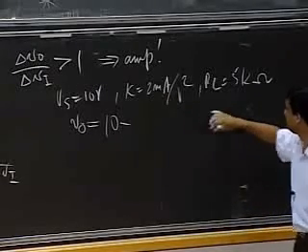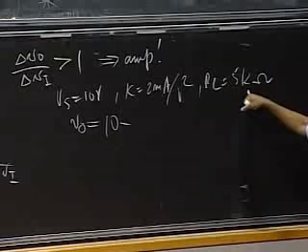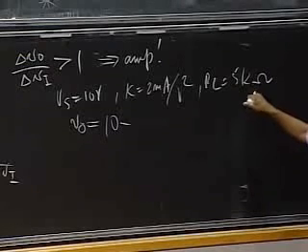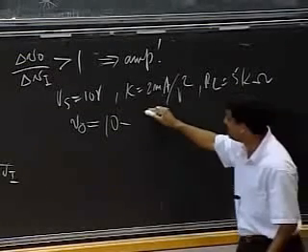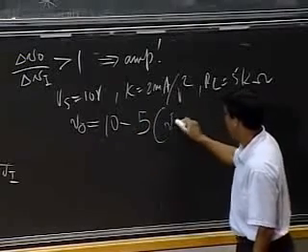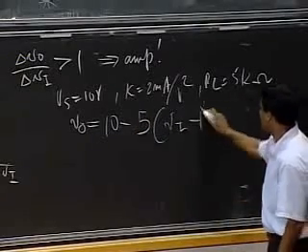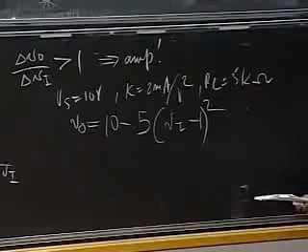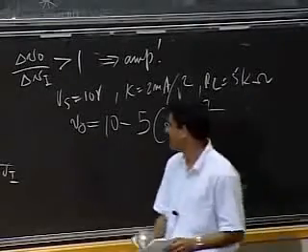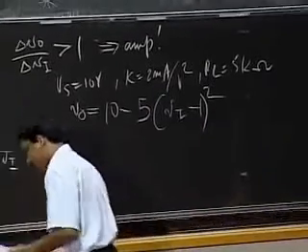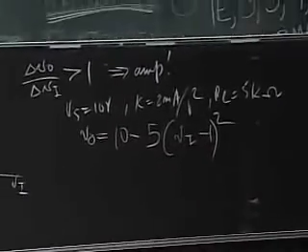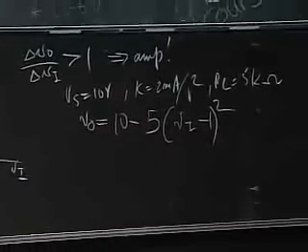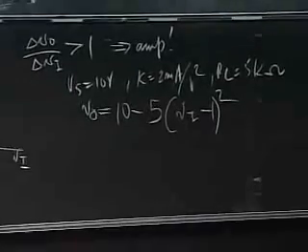So K is 2 milliamps, and 2 milliamps times 5 kilo ohms is 10. Divided by 2 gives me 5. And Vi minus 1 squared. That's what I have.